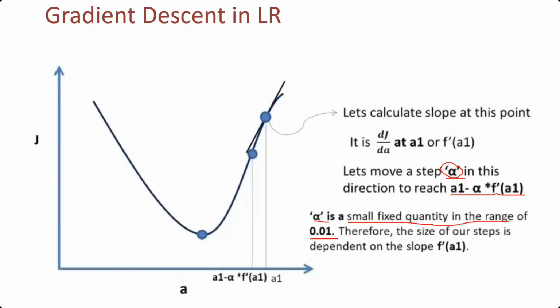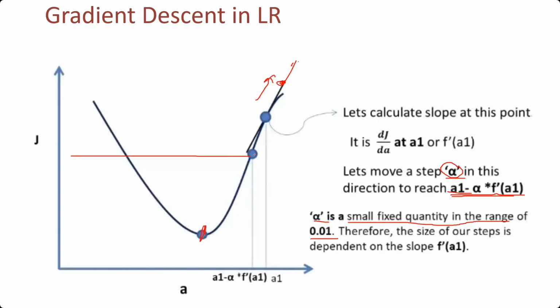We'll use this alpha as a learning rate, and then we'll see whether I am reaching towards the global minimum, or towards the maximum value. If using this alpha I am reaching the opposite direction, then we'll have to change the value.